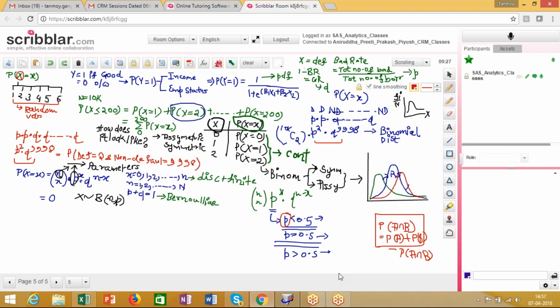But the limitation that axiomatic theory had was that it could not extend to continuous events, and that was done by the theory of mathematical statistics.